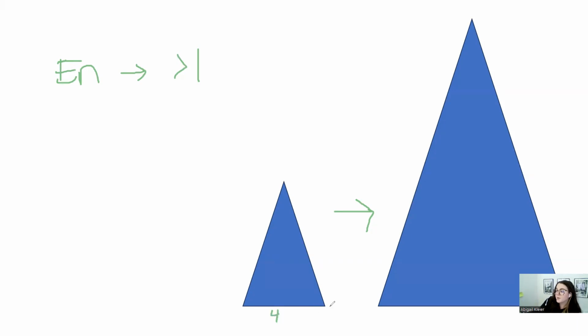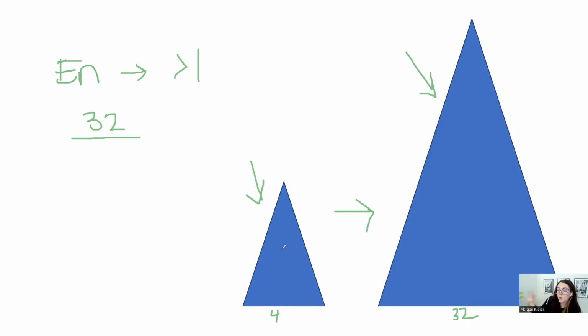Let's say that the bottom measurement for this triangle is 4, and the bottom measurement for this triangle is 32. I'm going to use whatever my formula is. Again, it is the measurement from the second image. So in this case, my second image is the larger one. That has a measurement of 32. I'm going to divide that by the measurement from image 1.